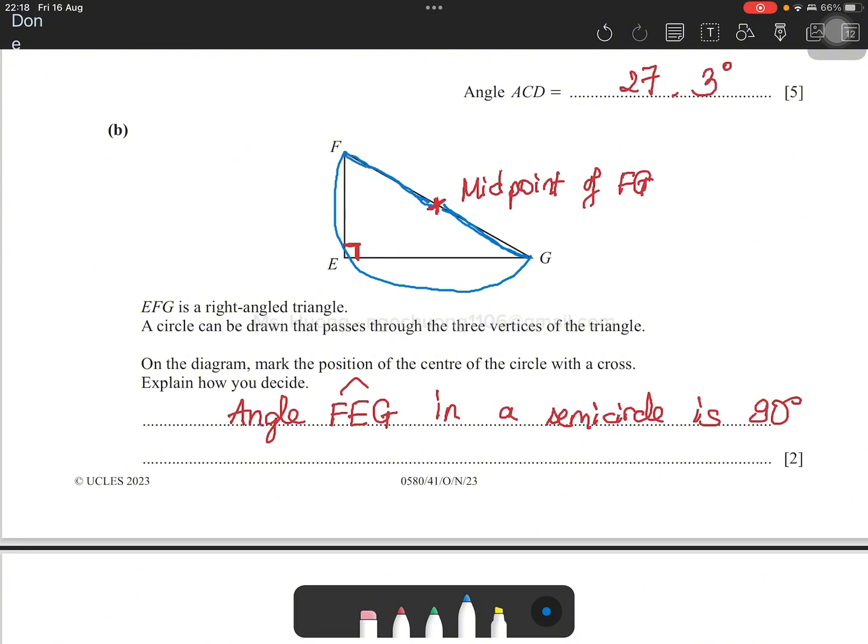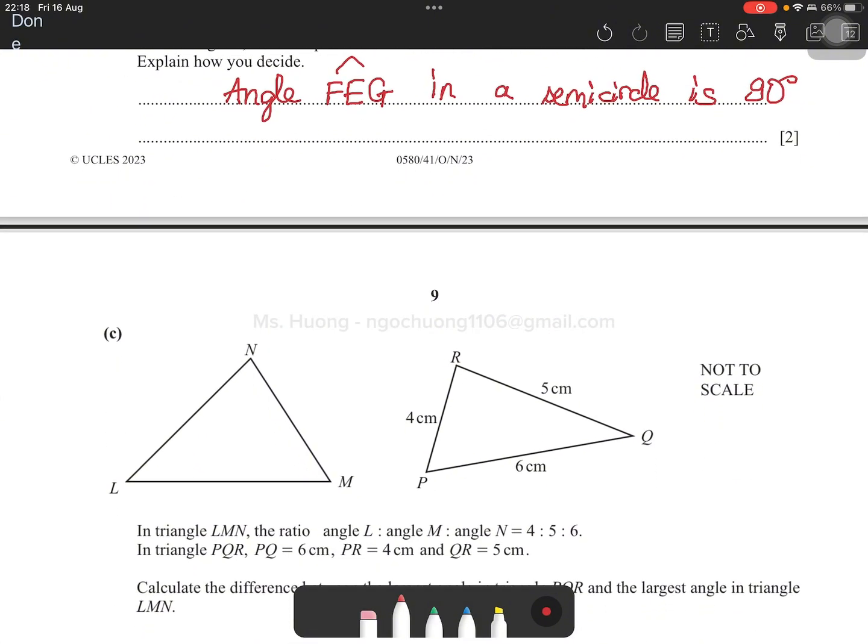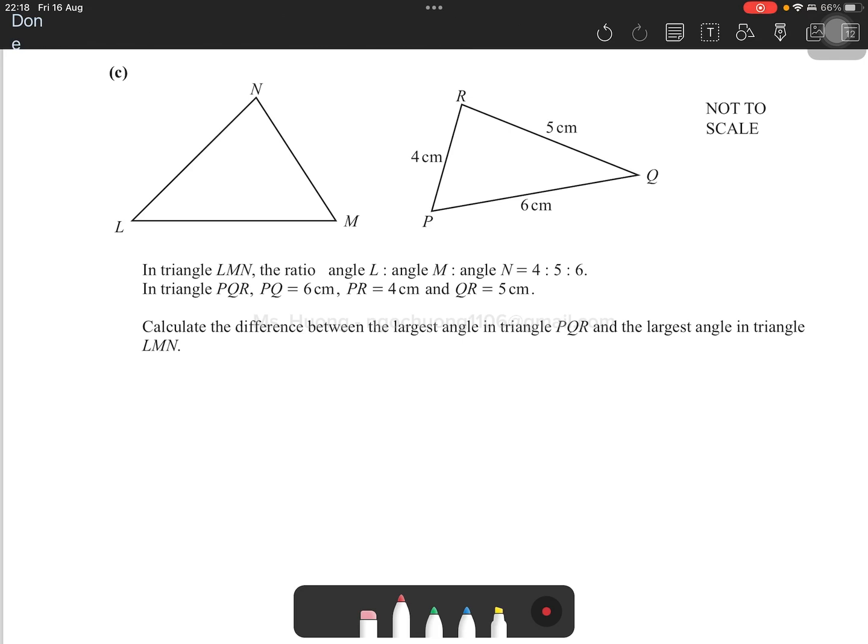C. In triangle LMN, the ratio of angle L to M to N is 4 to 5 to 6. In triangle PQR, PQ is 6 centimeters, PR is 4 centimeters, and QR is 5 centimeters.